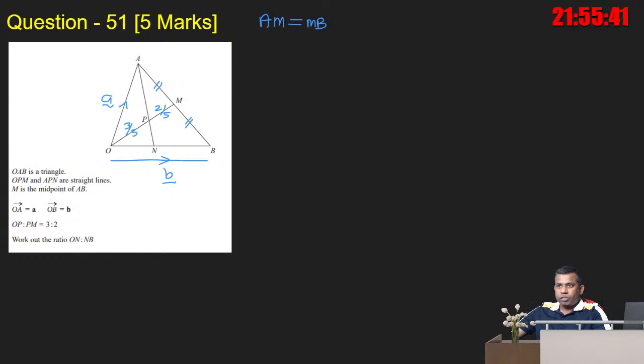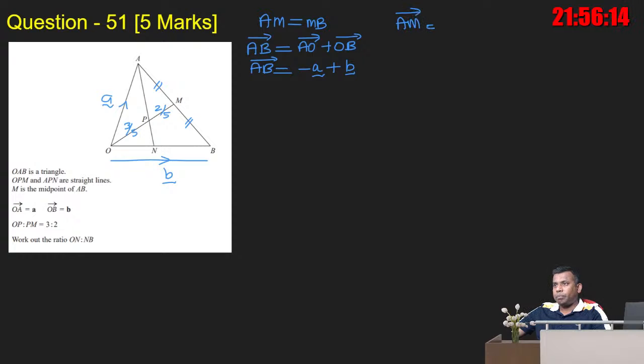First things first, I would like to write an equation for AB, right? So AB vector is A to O vector plus O to B vector. So A to O is minus A plus O to B is B vector. Hope you understand how I wrote that down, right? Now, we all know what AM vector is.